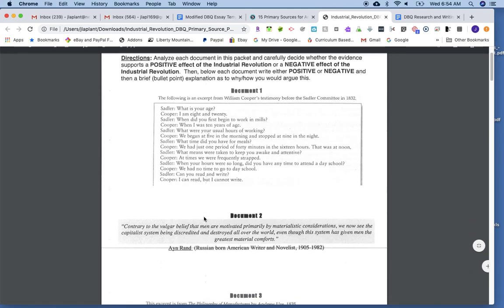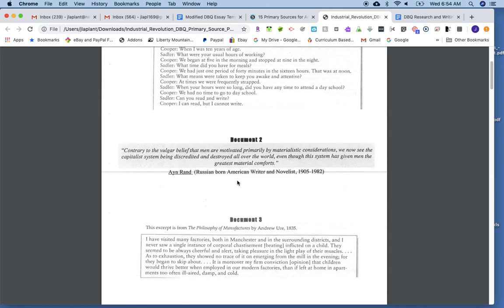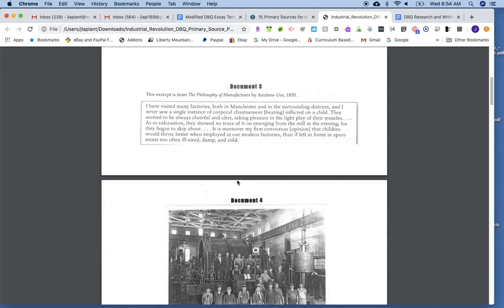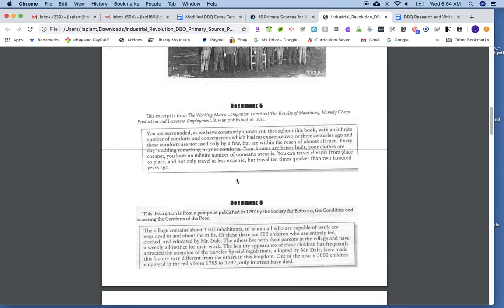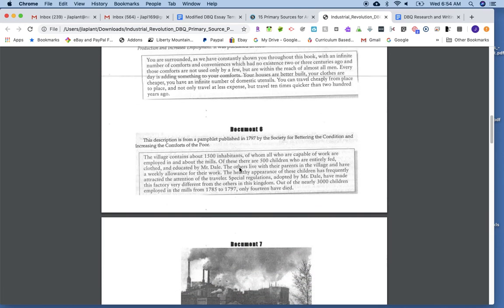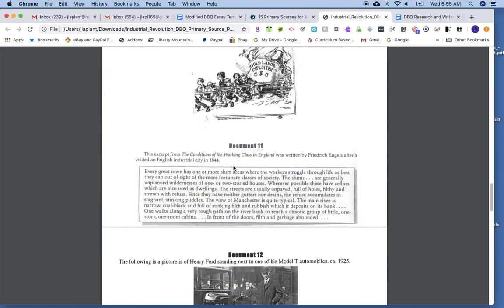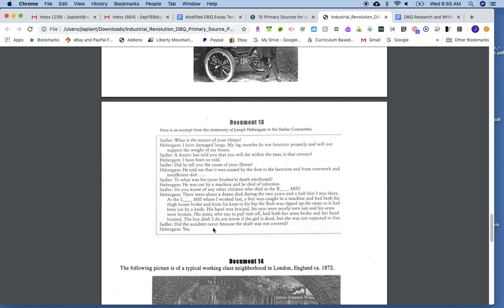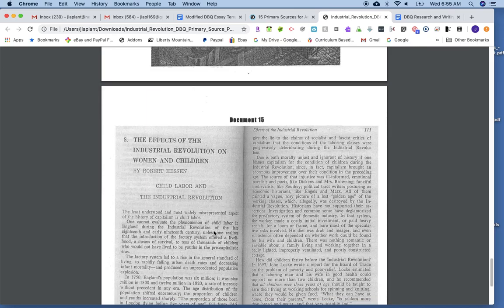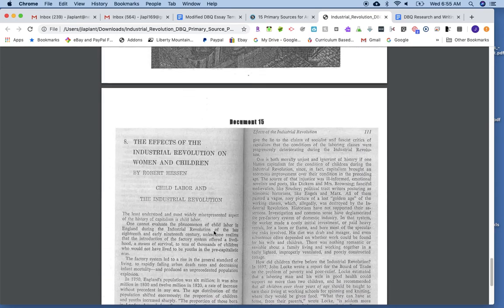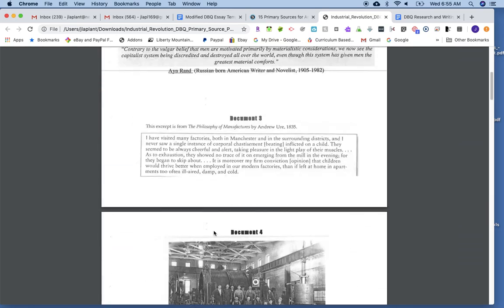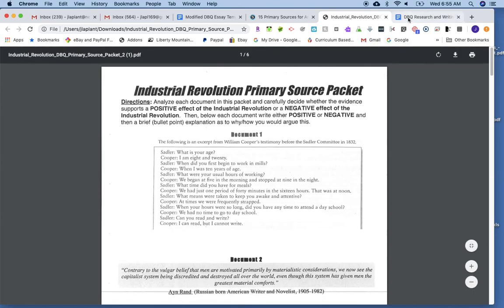What's a negative out of it? Document 2, look at how short that one is. What, positive or negative? You're going to keep doing these. Most of these documents are very short. So it's basically a paragraph long for each of these. So you're going to go through each one of the documents and write down a positive and negative for each.